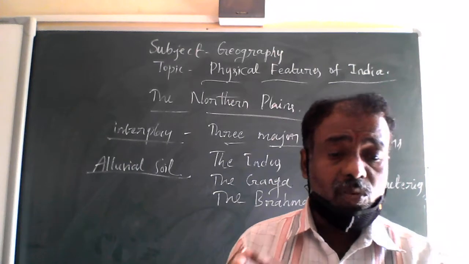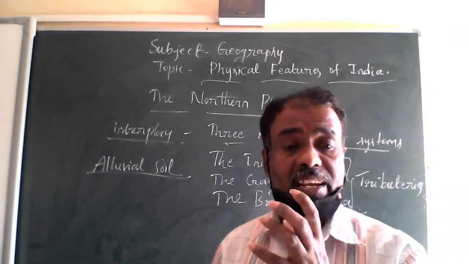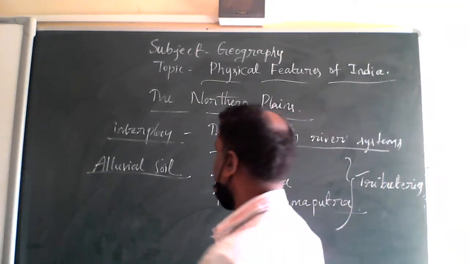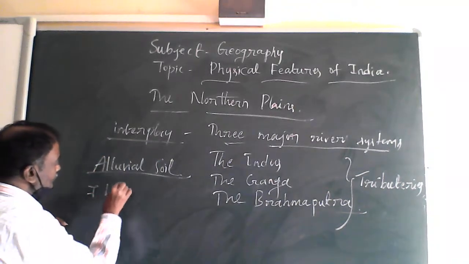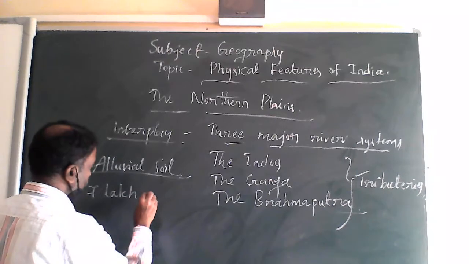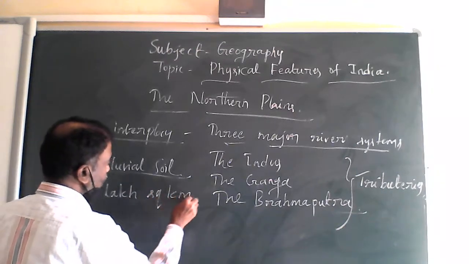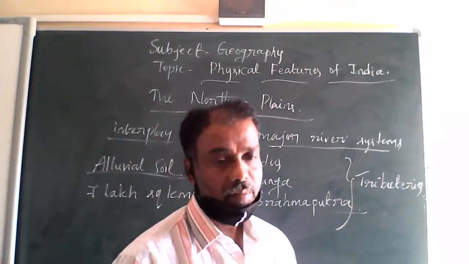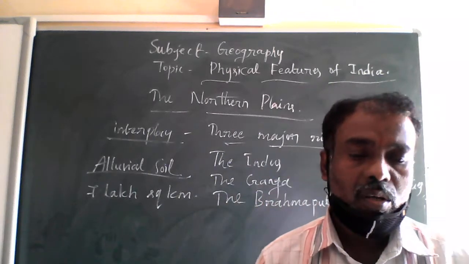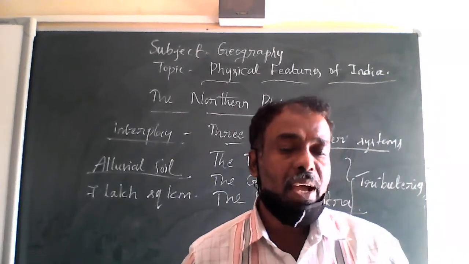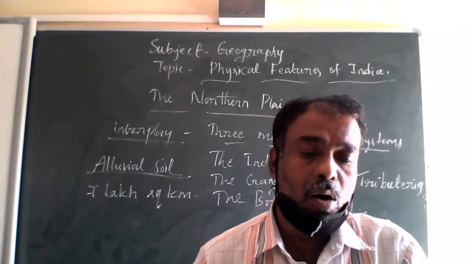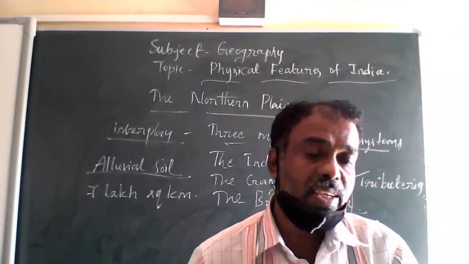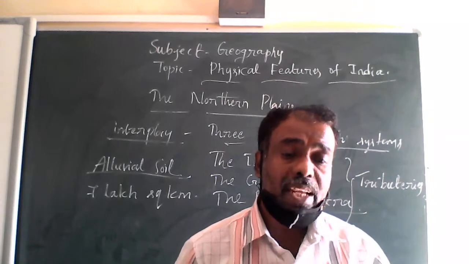It spreads over an area of 7 lakh square kilometers. Getting it now? The area of the northern plain is about 7 lakh square kilometers.